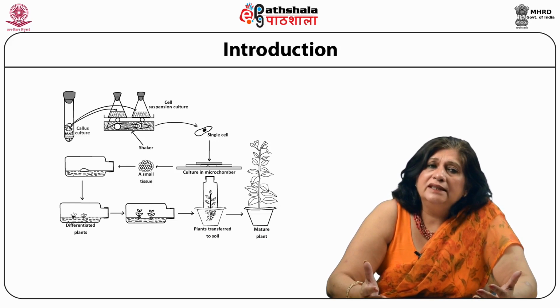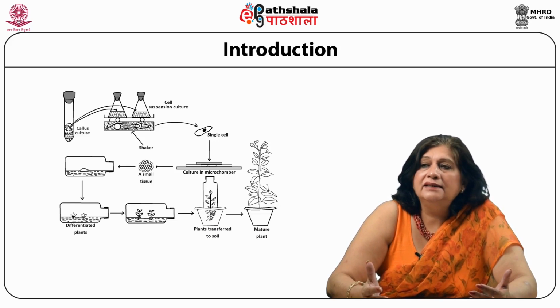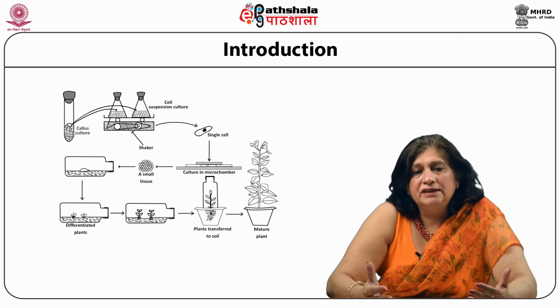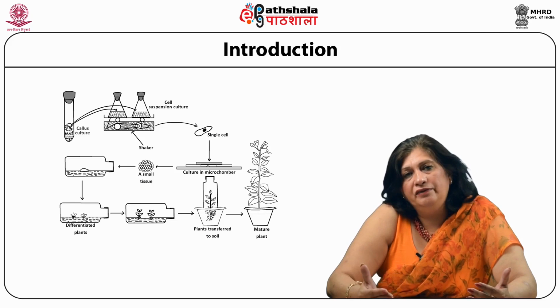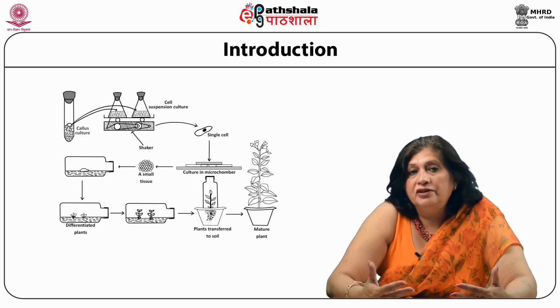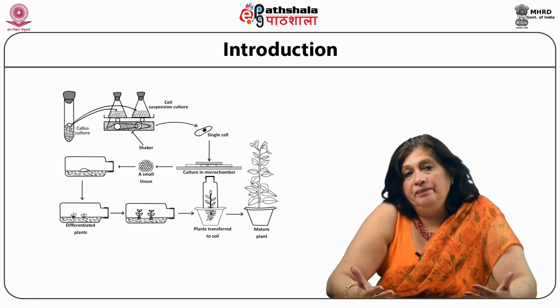Now which essentially means that every cell has the same genetic makeup. It is only that during the process of division and followed by differentiation, certain genes are switched off, certain genes become more active. But essentially the genetic makeup remains the same.